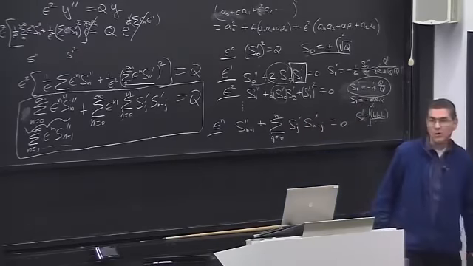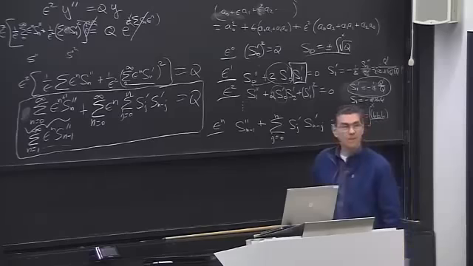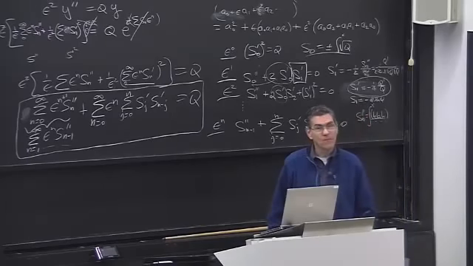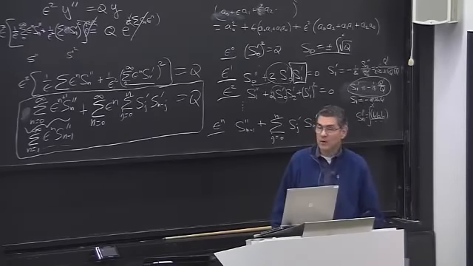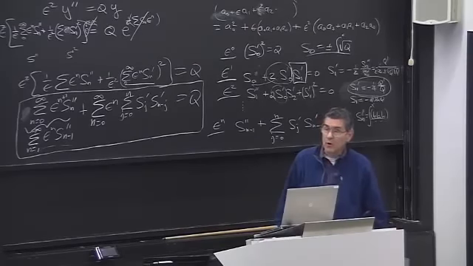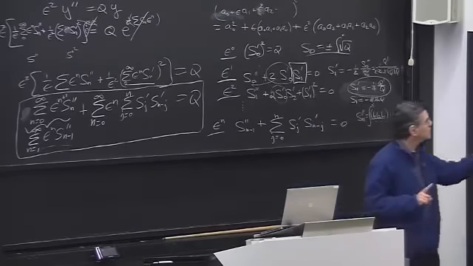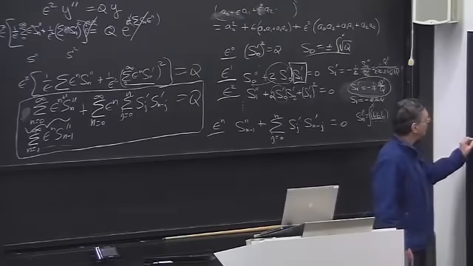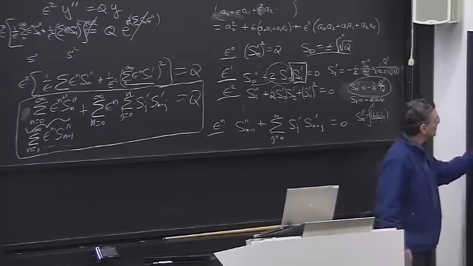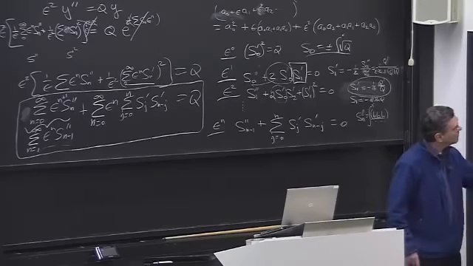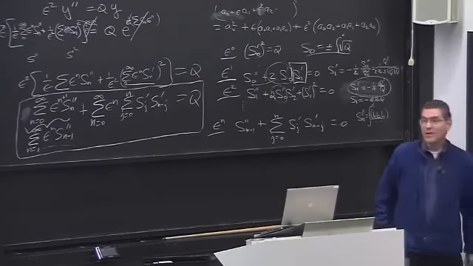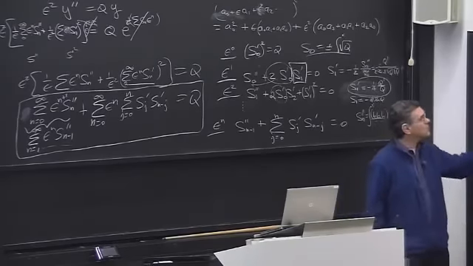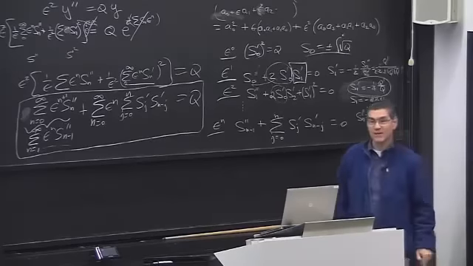What could possibly go wrong? It's very interesting. Basically, nothing can go wrong unless q is equal to 0. Because if q happens to be 0, then y is infinity.